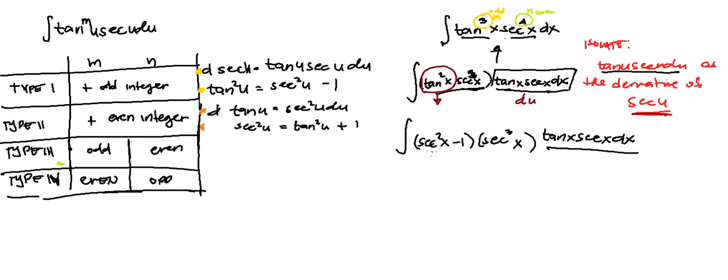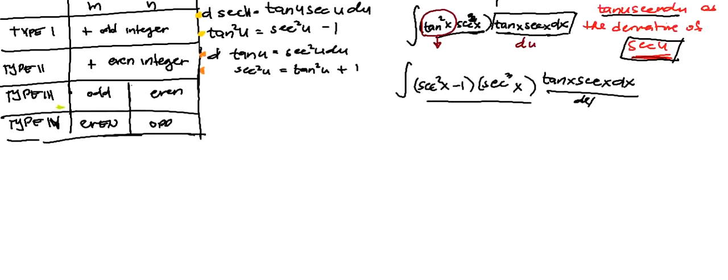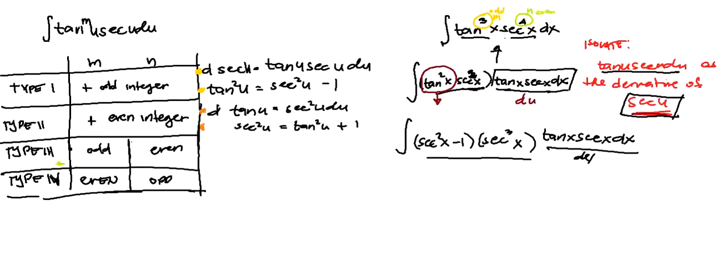So as you can see, the left part of the integrand is in terms of secant. That's why we can use this fact that the derivative of the secant is this, so that we can simplify our equation and use our basic formula.